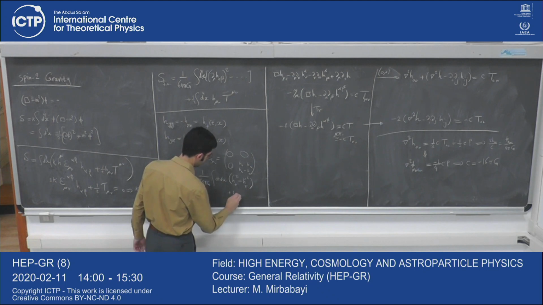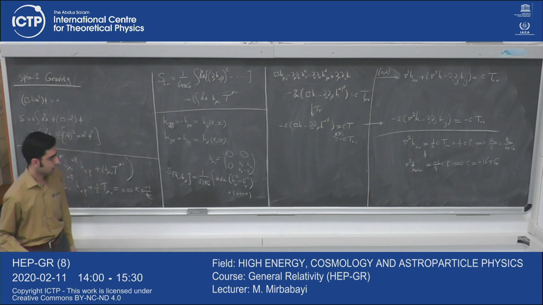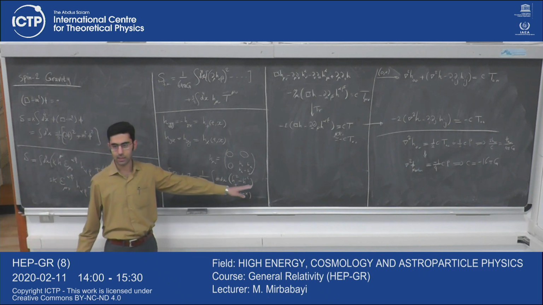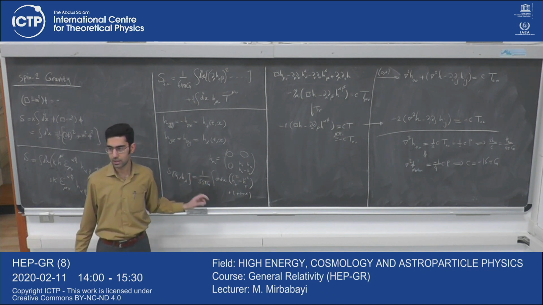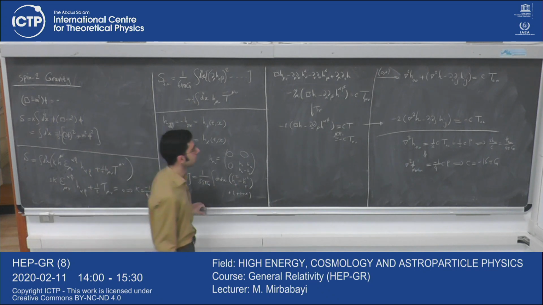And then similarly for the cross term. So it becomes just like a scalar field in two dimensions for which we can derive the T mu nu.